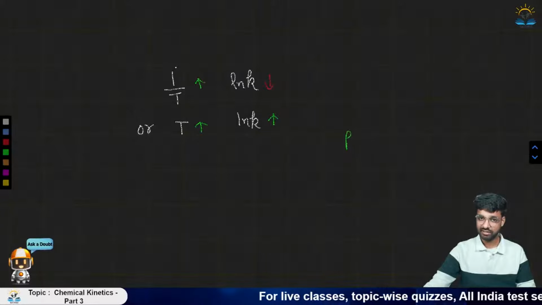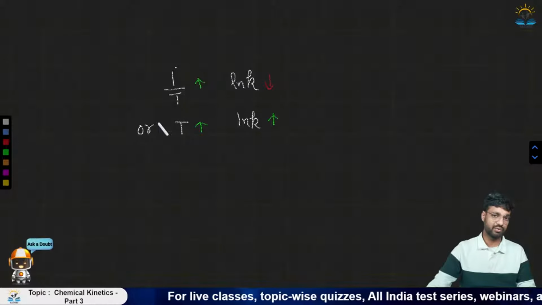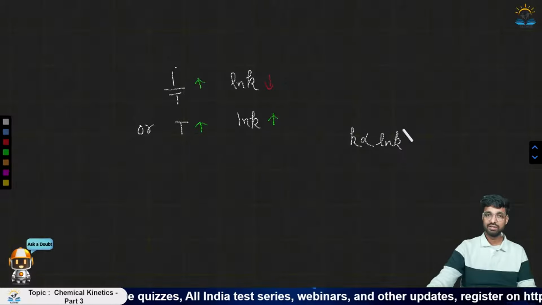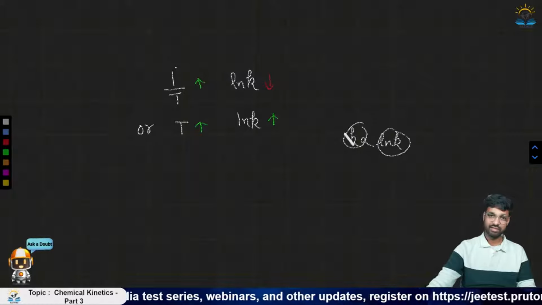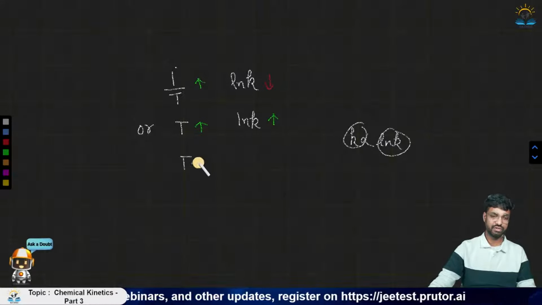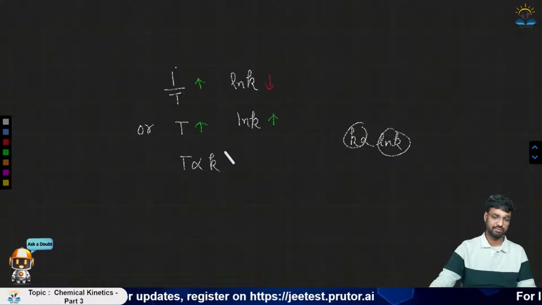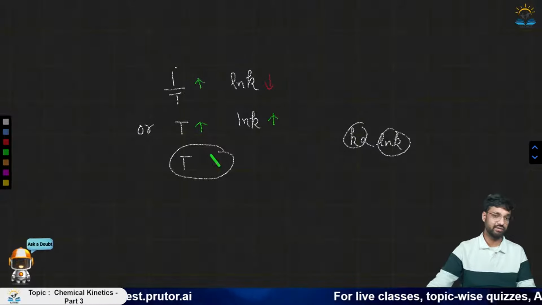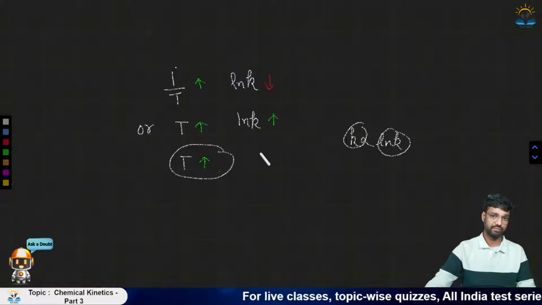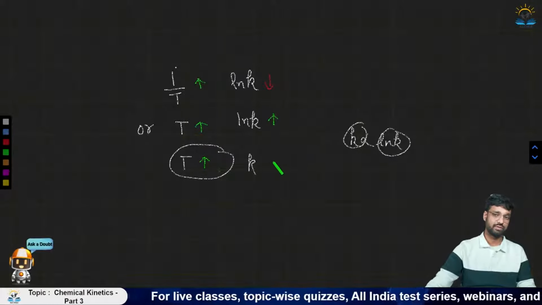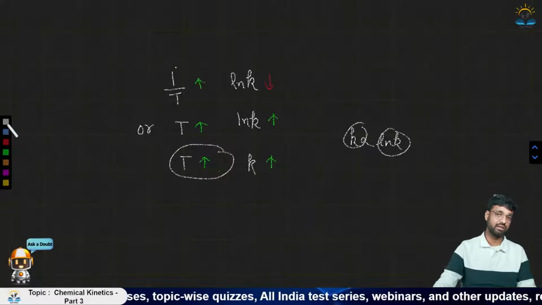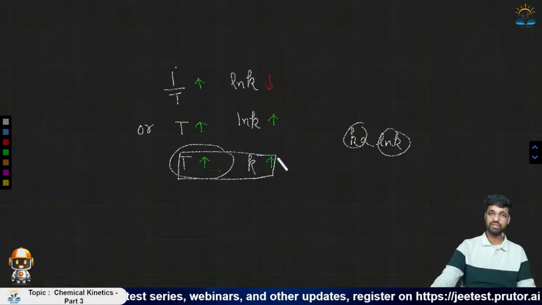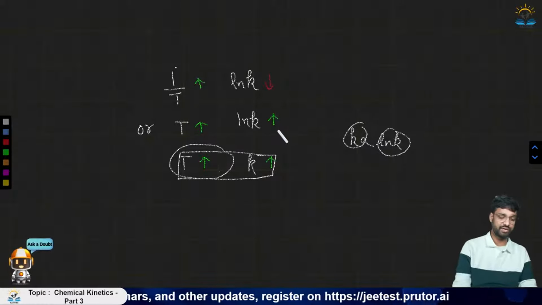Now we also know that k increases with ln k, because as we take a greater value of k, the value of ln k will increase. So as the temperature T increases, this k will also increase. From the graph we can clearly predict that if we increase the temperature, the value of the rate constant will increase. So keep this in mind, then we can proceed to the next part.